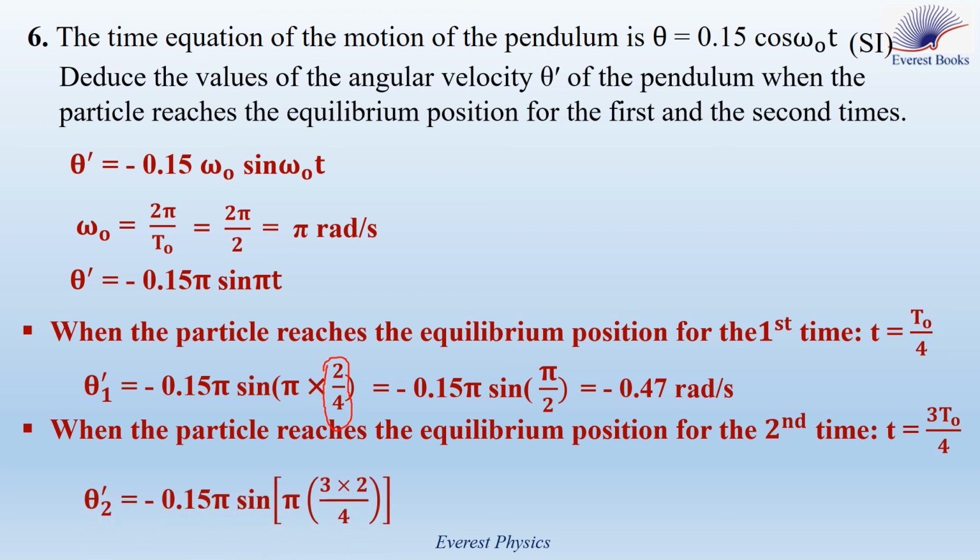So theta prime of 2 equals minus 0.15 pi sine pi into 3T0 over 4, which is equal to 3 times 2 over 4. Then theta prime of 2 equals minus 0.15 pi sine 3 pi over 2. But sine 3 pi over 2 is equal to minus 1. Therefore, theta prime of 2 equals 0.47 radians per second.